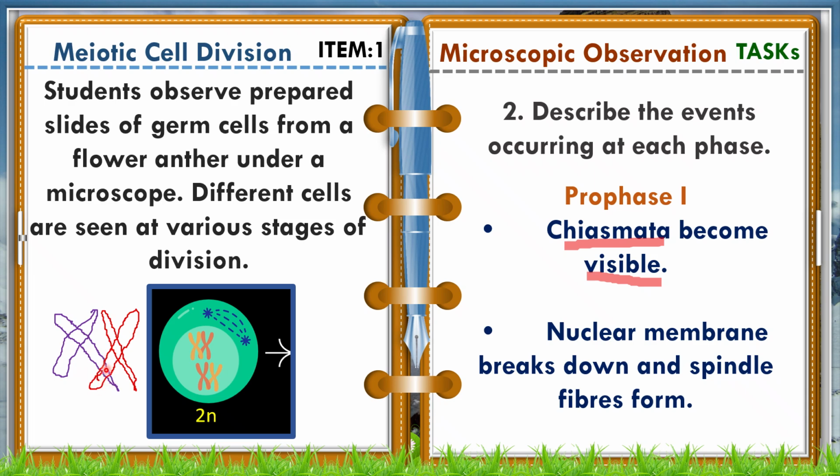And when they're crossing over to each other, that is what we are calling a crossing over here and here. That is a crossing over. And now that crossing over point here, this crossing over point is what we refer to as the chiasmata.